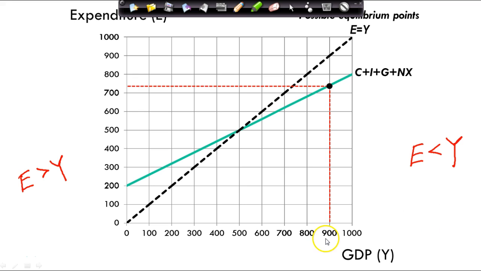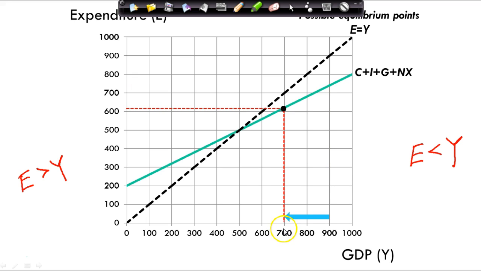Here we can see expenditure is 720, income is 900. In that case, firms realize that they've overproduced, their inventories are filling up with excess stock which is unsold, so they realize we've got to cut production. They decrease production, incomes fall. As incomes fall, expenditure falls.